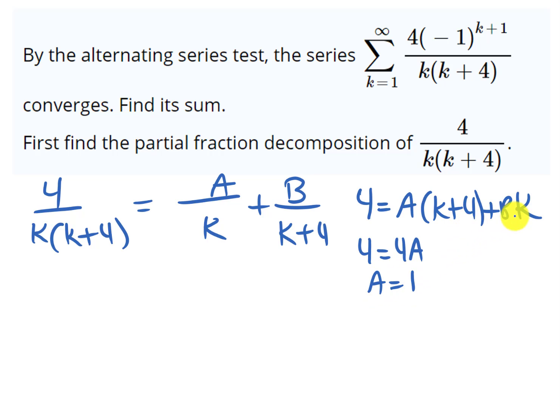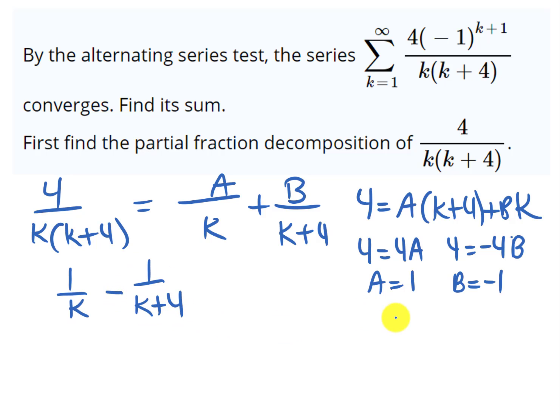And if we let k be negative 4, we'd zero out this term and we'd have 4 equal negative 4B, and so that means B equals negative 1. So our partial fraction decomposition is 1 over k minus 1 over k plus 4. That's the first thing we would answer when it asks for the partial fraction decomposition of this fraction.